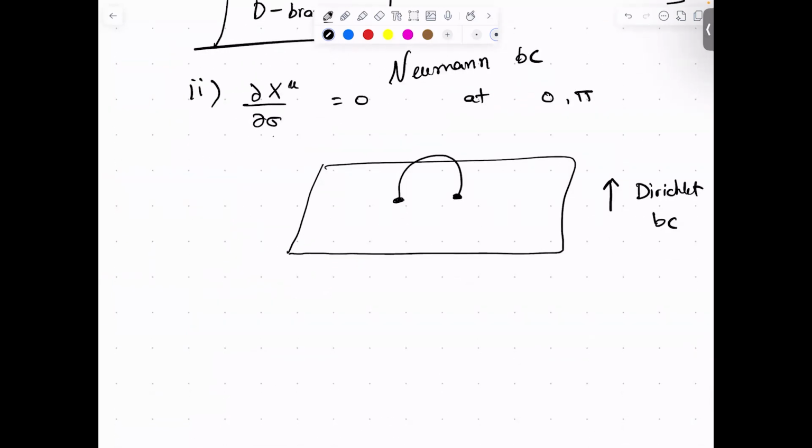Yeah, so it cannot move up. I'm imposing Dirichlet boundary condition in this direction, and Neumann boundary condition in this direction.